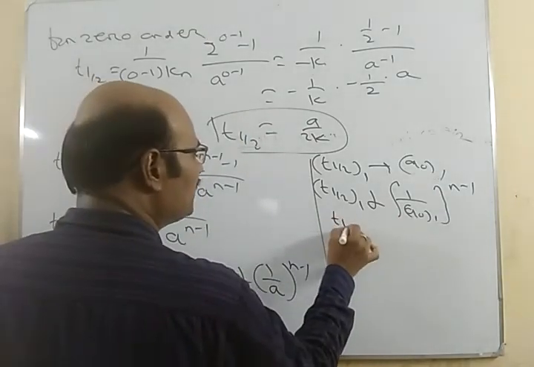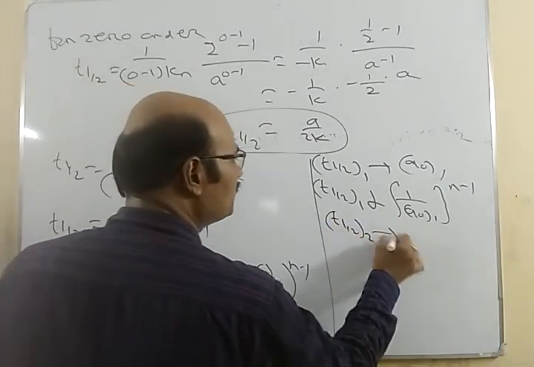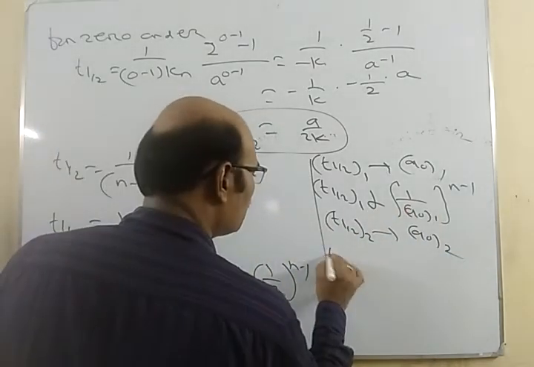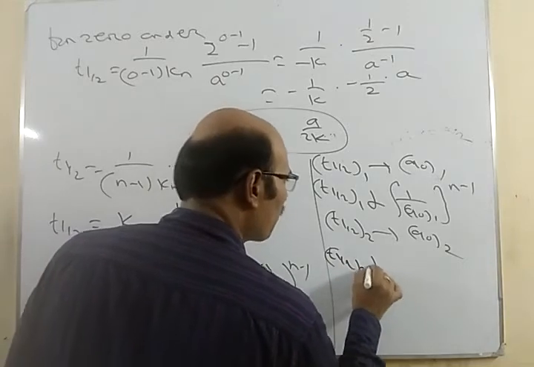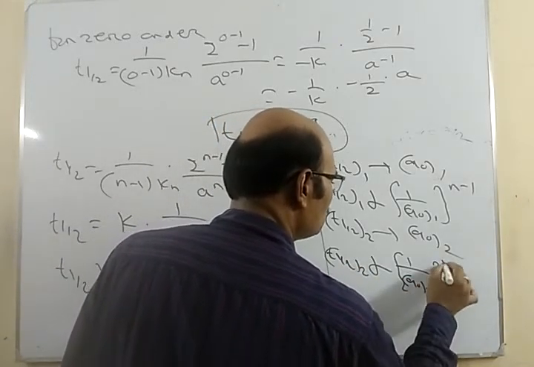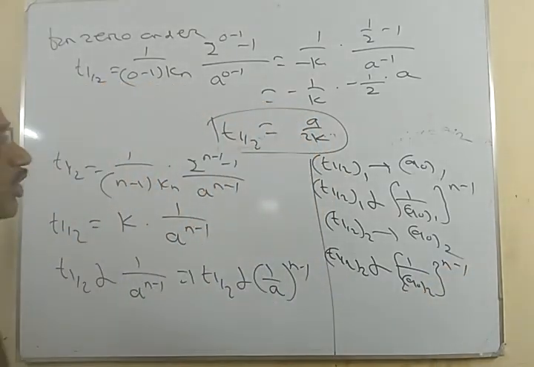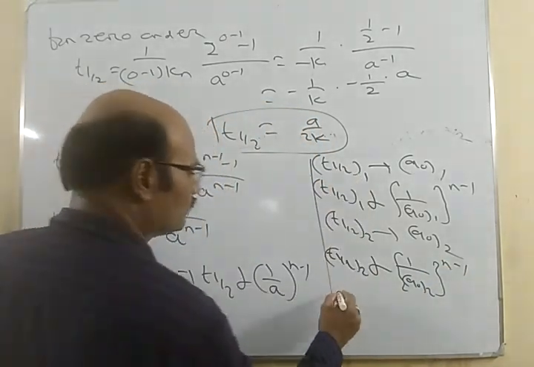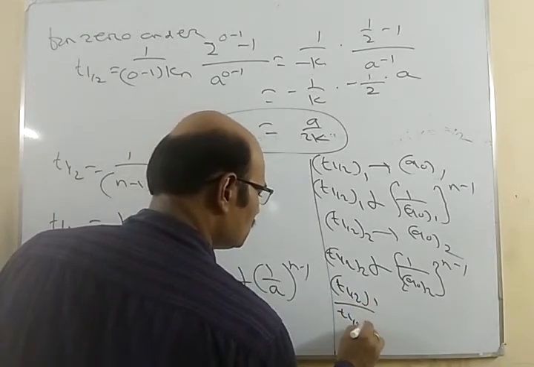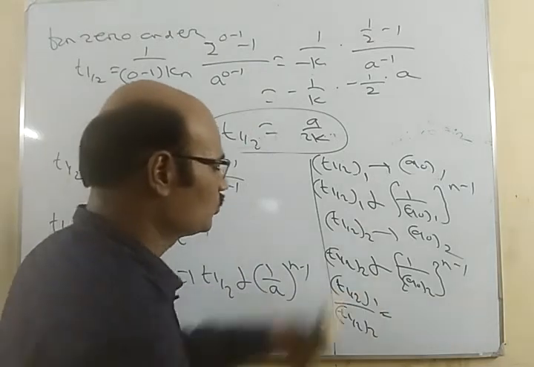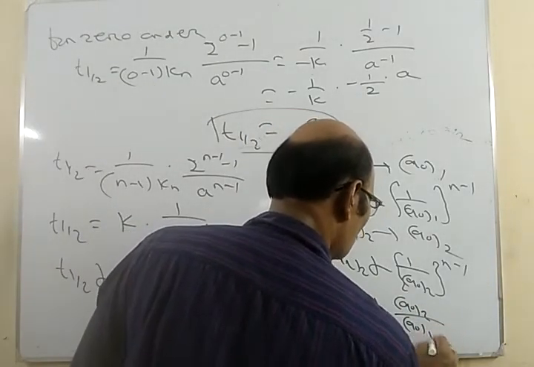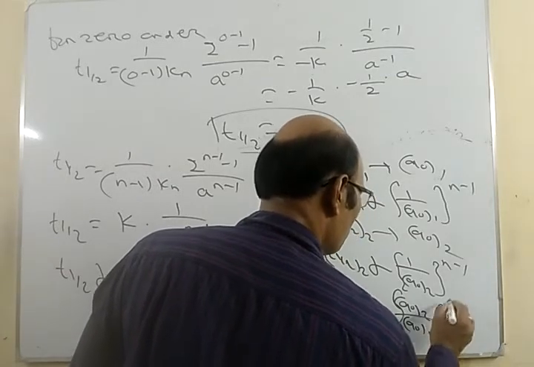Similarly, if T half 2 is the half life period at the concentration a0 2, then T half 2 is proportional to 1 by a0 2 power n minus 1. So T half 1 by T half 2 gives a0 2 by a0 1 power n minus 1.